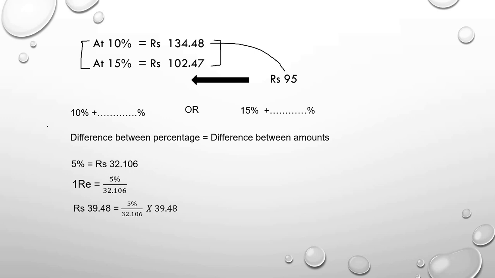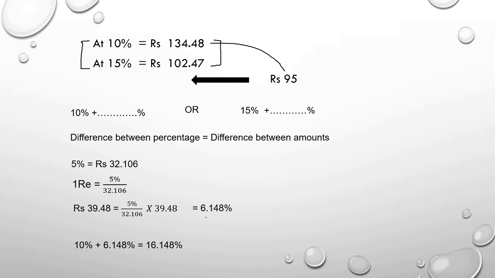So instead of presuming any other percentage more than 15%, we are going to do it with the unitary method. So 39.48 rupees will be equal to, that means the percentage will be equal to 5% upon 32.106 into 39.48, which comes out to be 6.148. So 10% plus 6.148 will be your answer.